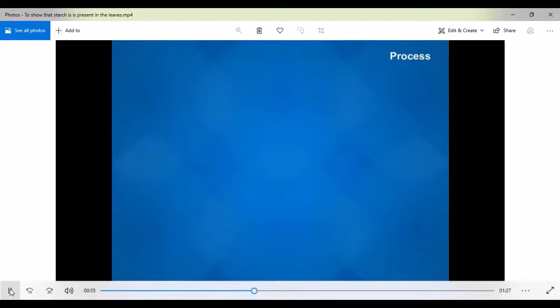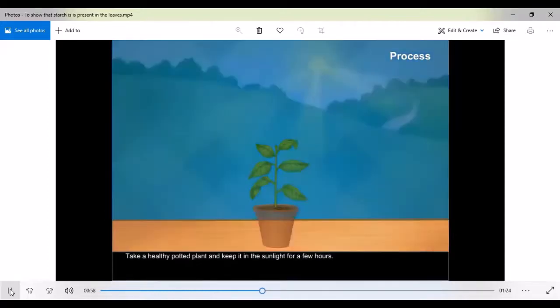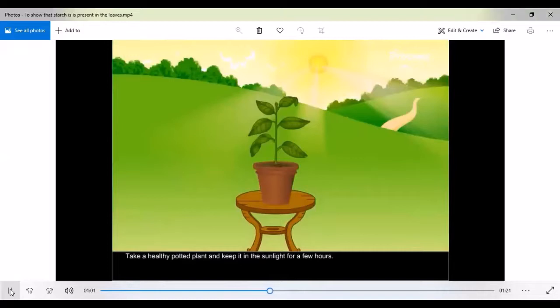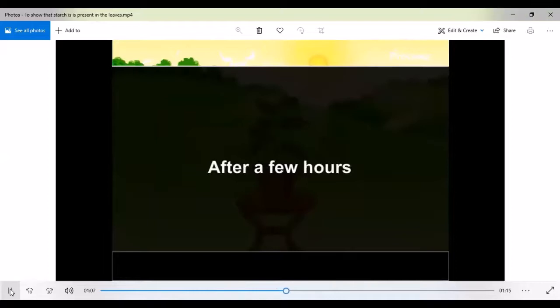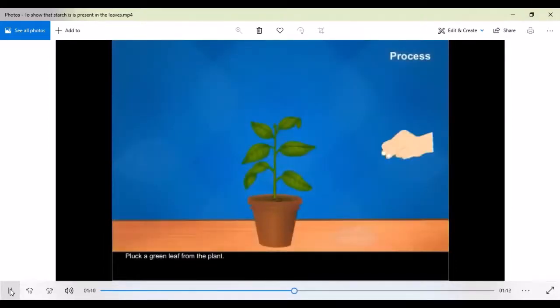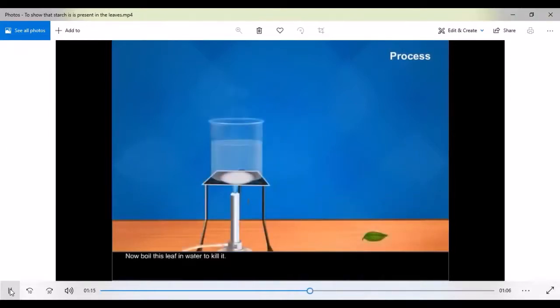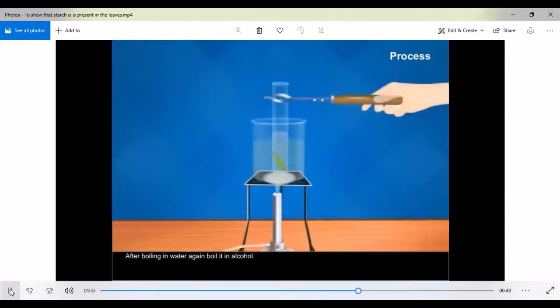Process. Take a healthy potted plant and keep it in the sunlight for a few hours. After a few hours, pluck a green leaf from the plant. Now boil this leaf in water to kill it. After boiling in water, again boil it in alcohol.